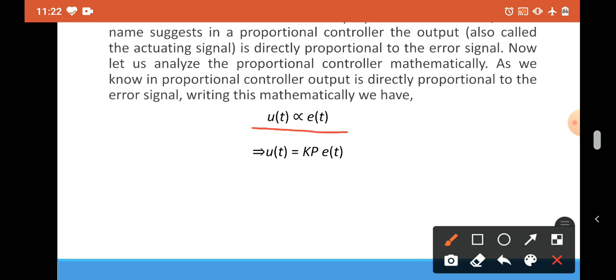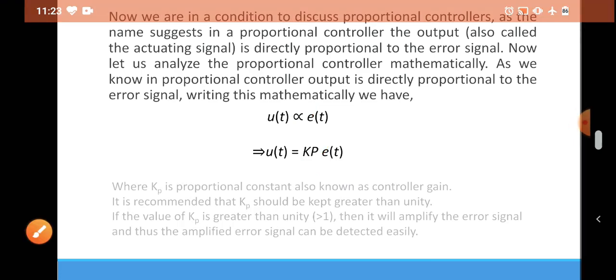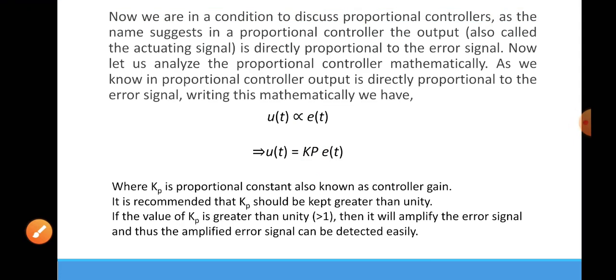Now if you take a proportional constant, this proportionality sign can be converted into an equality sign. Therefore your output will be u(t) = Kp × e(t), where Kp is your proportional constant, also known as controller gain.